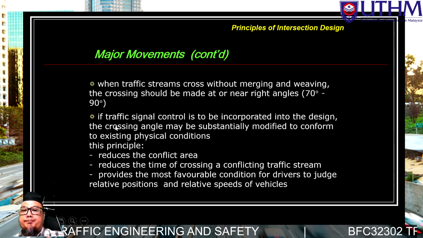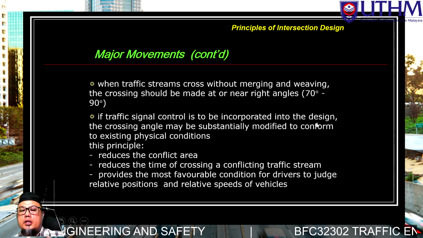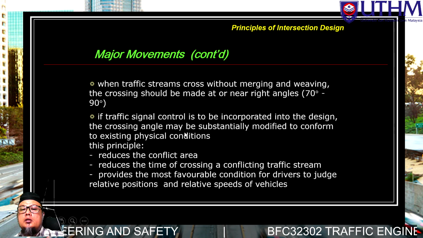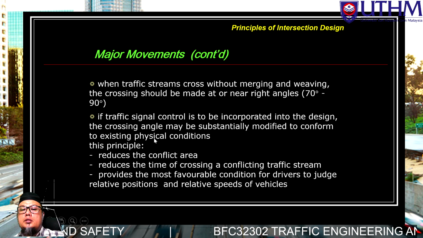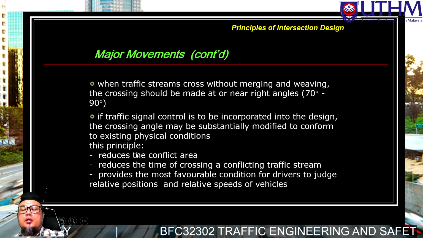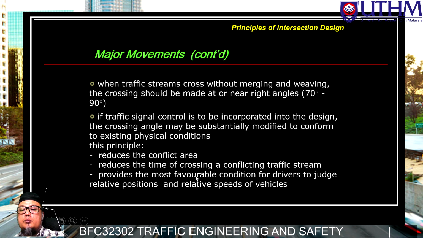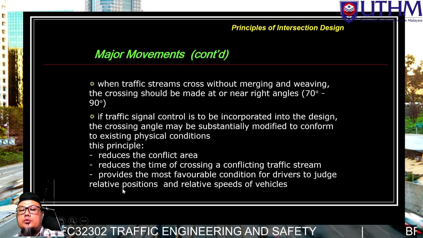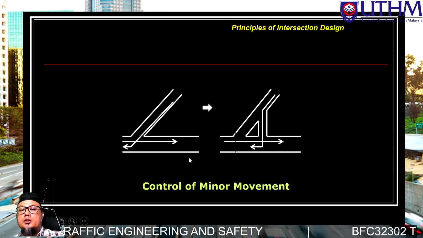If traffic signal control is to be incorporated into the design, the crossing angle may be substantially modified to conform to the existing physical conditions. By this principle we try to reduce traffic conflicts, the conflict point area, and the time for crossing, and provide the most favorable condition for drivers to judge the relative position and relative speed of vehicles.